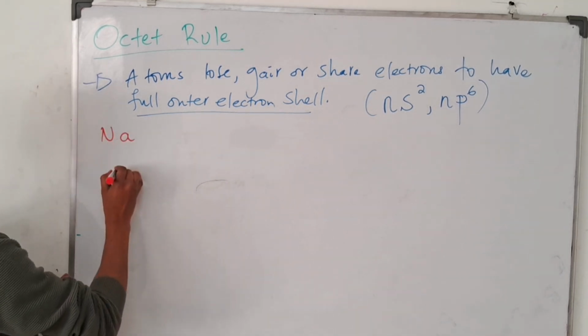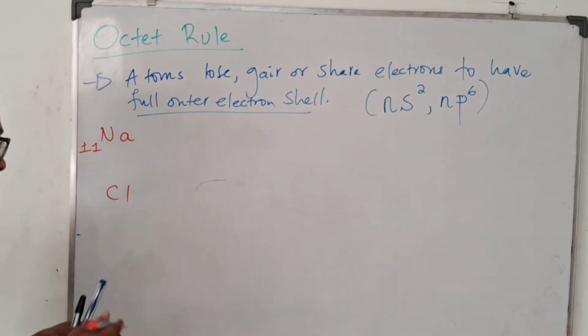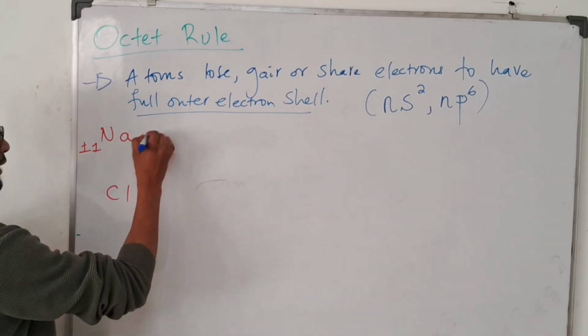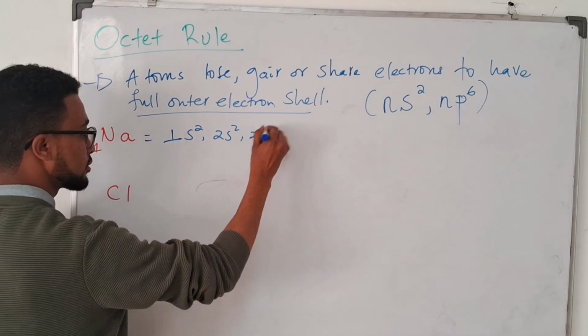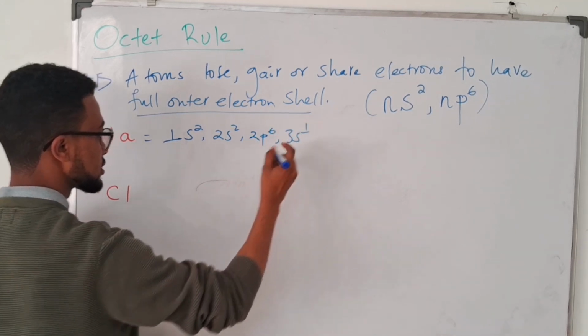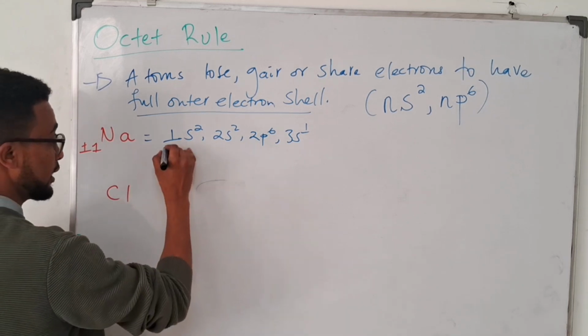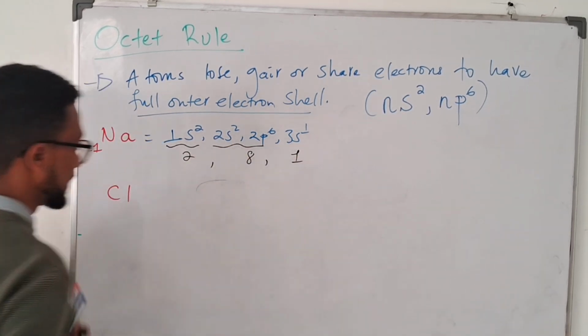We can consider sodium and chlorine. Sodium, having 11 protons, basically 11 electrons as well, will have electron configuration of 1s2, 2s2, 2p6, 3s1. We can convert this type of electron configuration into the other one, 2, 8, and 1, okay?